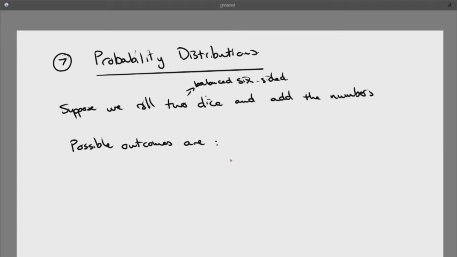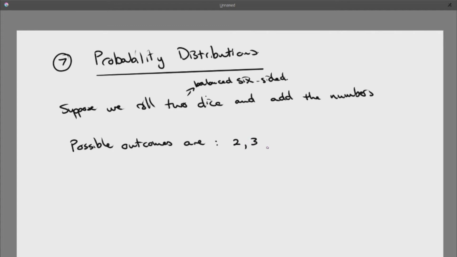What is the smallest number I can get? 2. I only write down the 2. I see the result, I add the numbers, I write down on my clipboard 2. I can't get any lower than 2. So what I write down on my clipboard as the outcome doesn't necessarily show the rolls that resulted in that.